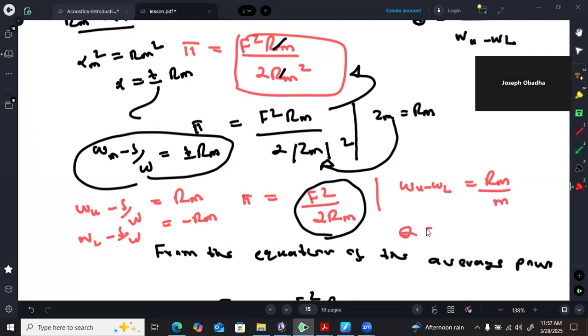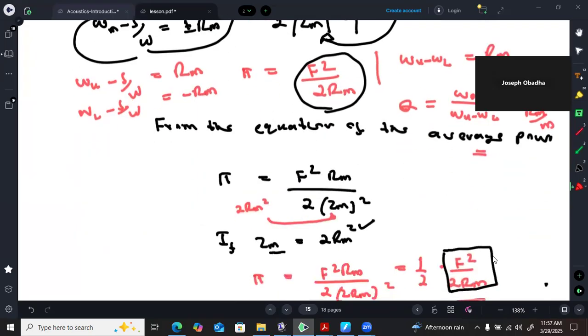Therefore, we can write the new expression of the Q factor. It is now omega naught over omega u minus omega L, which is equal to omega naught over Rm over m, which is actually equal to omega naught over 2 beta, which is also the same as 1 over 2 omega naught tau.